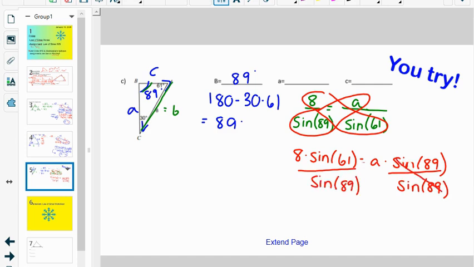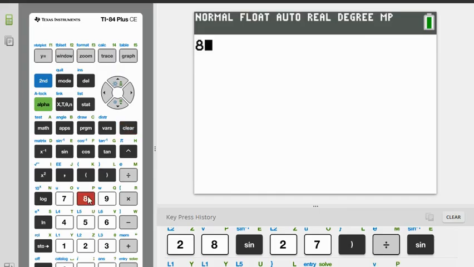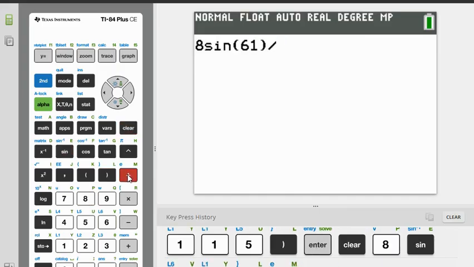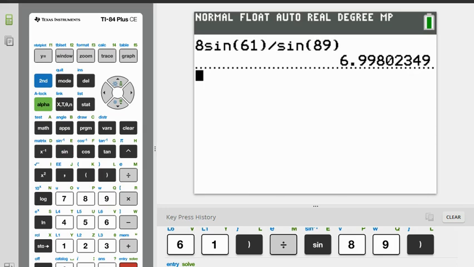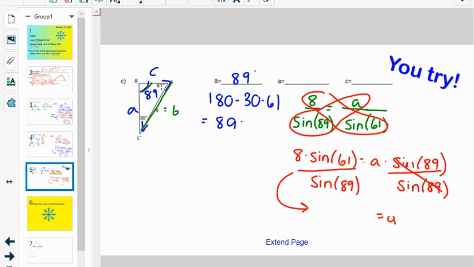And then you can type that in your calculator to see what side A measures. 8 sine of 61 divided by sine of 89. Don't forget to close your parentheses. And that rounds to 7. So side A is 7.